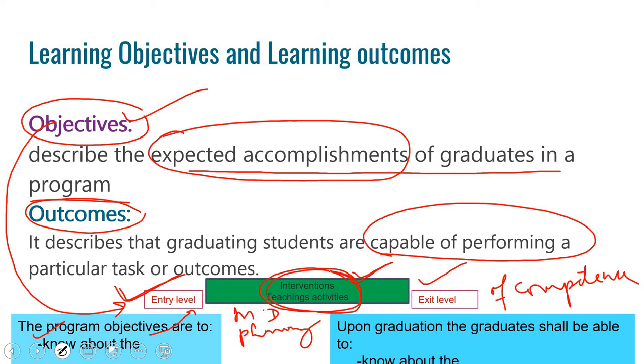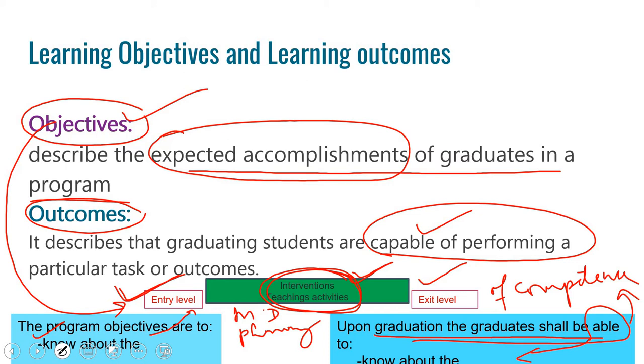So the student has been able to perform certain tasks. Therefore, the blanket statement for the outcome will be that the graduate, upon completion of the program, shall be able to, meaning that now that graduate has gained a particular level of competence. So this is the basic difference between the learning objectives and the learning outcomes.